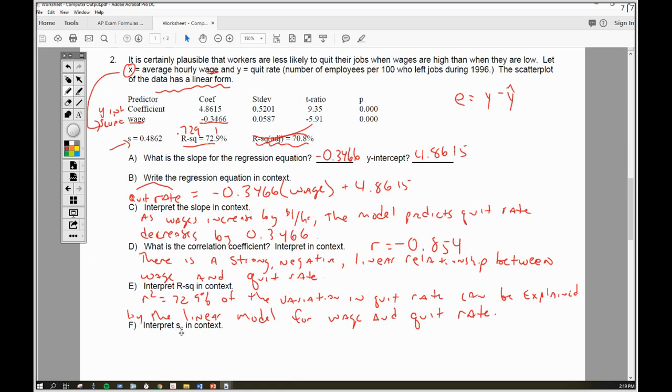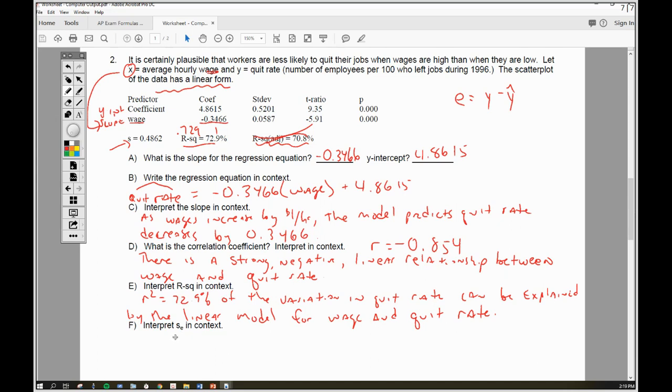This is the standard error of the error. So when we're trying to interpret what does that mean, it's the typical difference between the observed and predicted values. How much do we vary from our prediction typically?